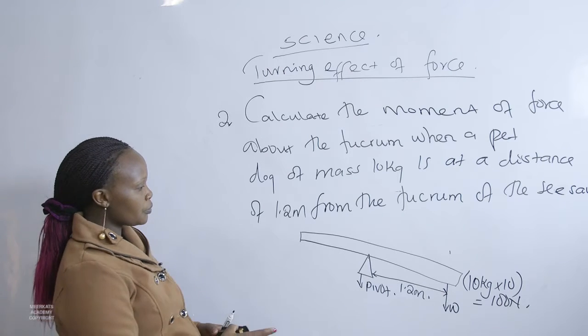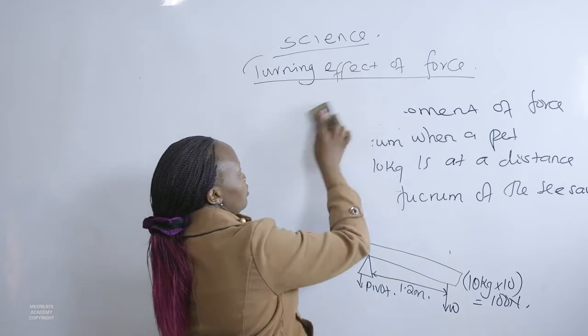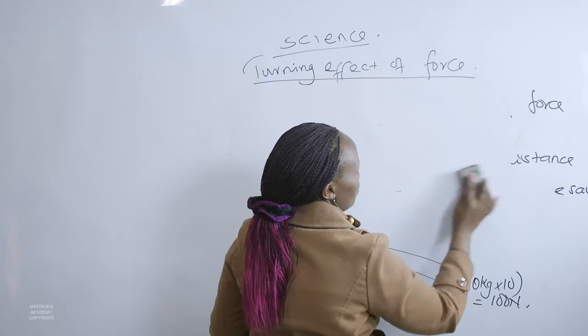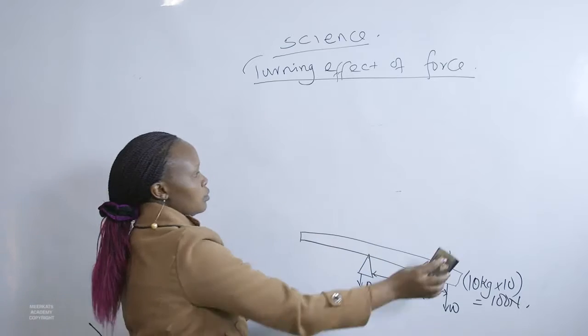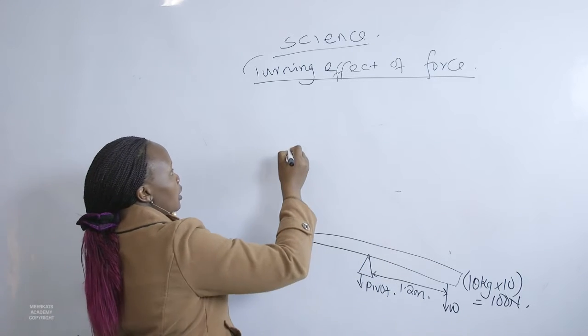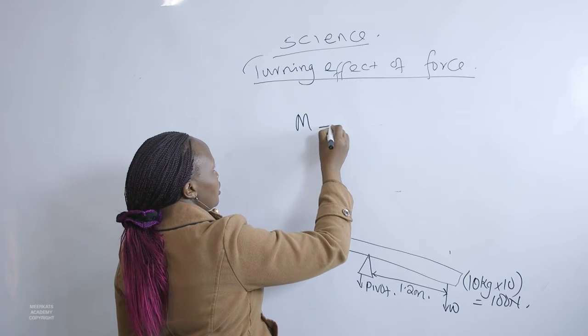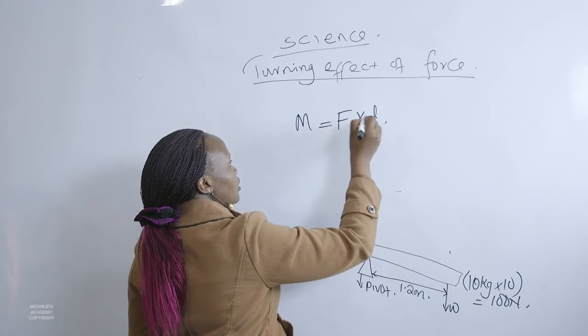Now, we want the moment of that force due to the mass of our pet dog. Again, we consider moment being equal to force multiplied by distance.